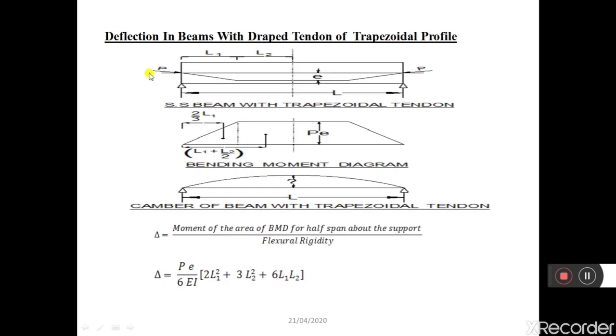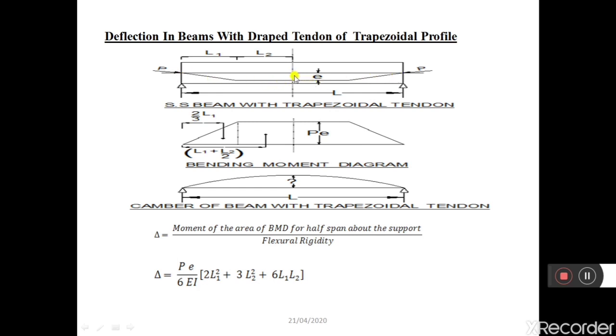Now let us see the deflection equation for a trapezoidal cable profile. Here you can see a rectangular beam of span L and depth E. This beam is provided with a trapezoidal cable, and this is the cable profile.